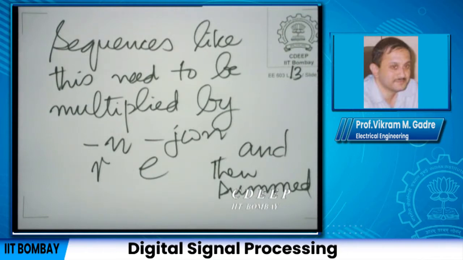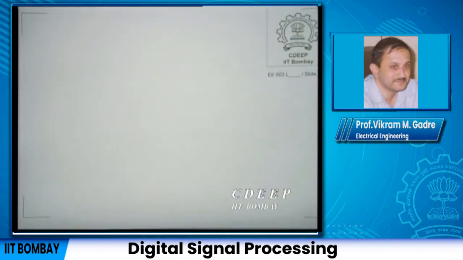So, r e raised to the power j omega is the complex number that we are talking about here. And now you know the role played by r and e raised to the power j omega.